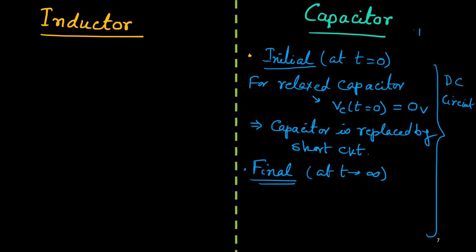You see IC equals C dVC/dt. If VC is constant, then the derivative of VC becomes 0, so IC becomes 0 at the final stage. Finally, IC at infinity will be 0.